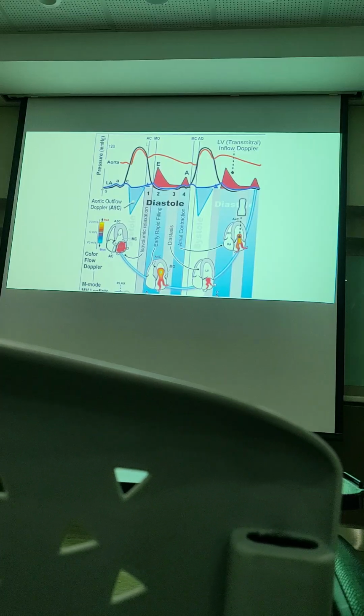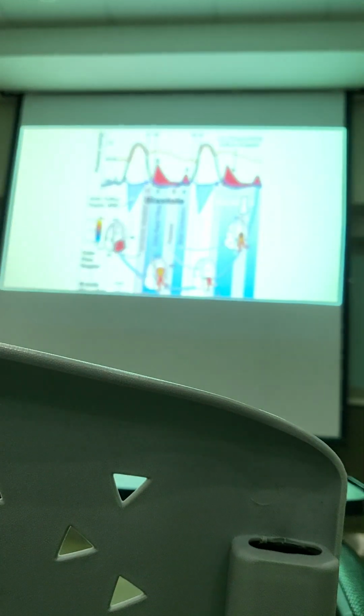It begins when the AV closes and it ends when the mitral valve opens. During this period, the LV pressure drops drastically until the mitral valve opens. And when the mitral valve opens, this will initiate the early rapid filling.